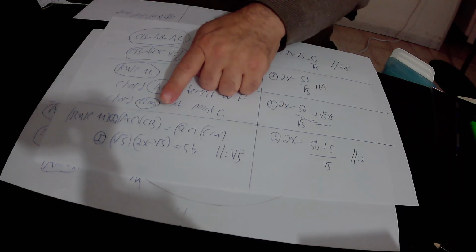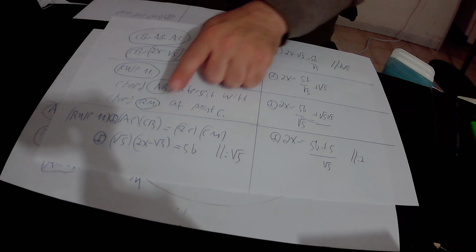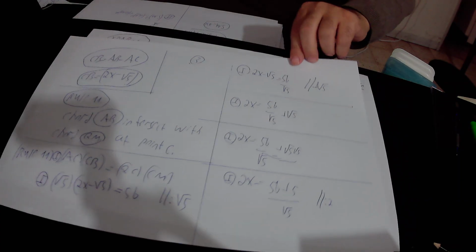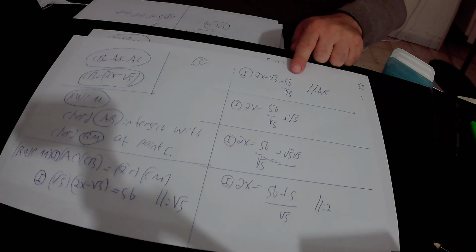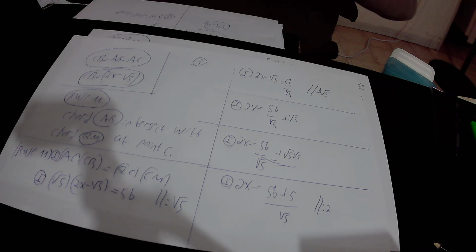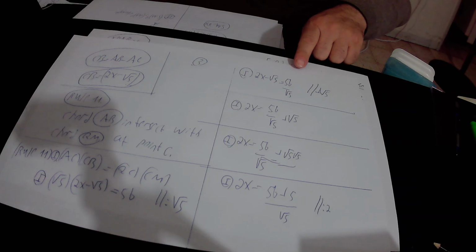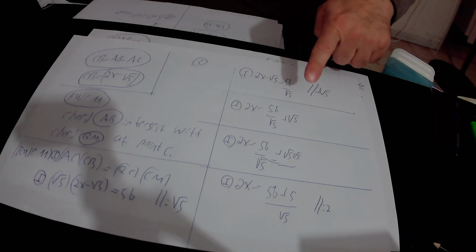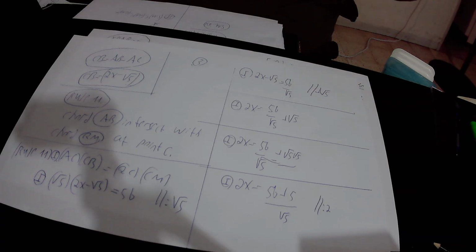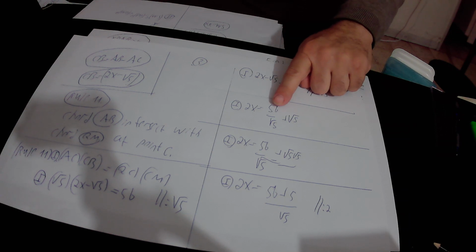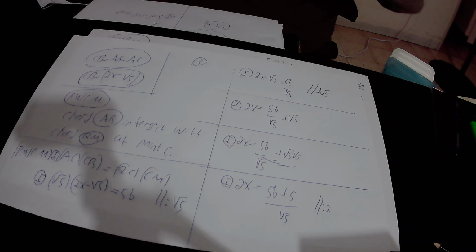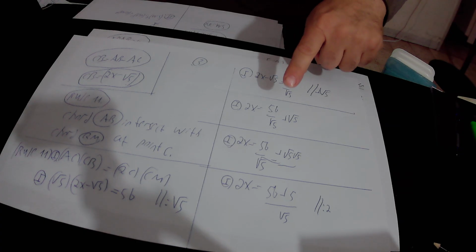Here we divided equation number 1 by square root of 5, and found out that 2x minus square root of 5 equals 5b over square root of 5. Here we added square root of 5 to this equation, and found out that 2x equals 5b over square root of 5 plus square root of 5.